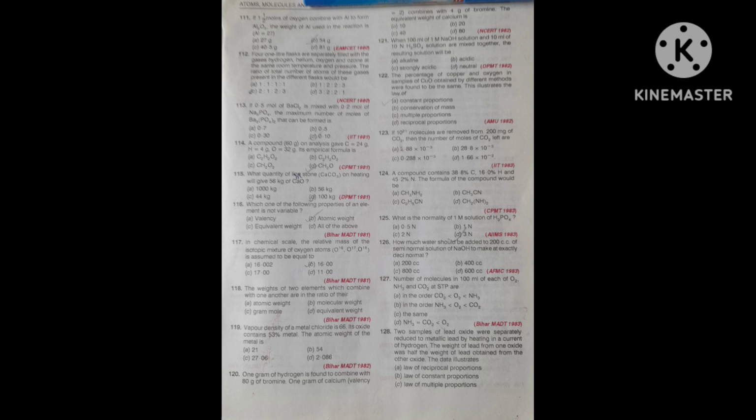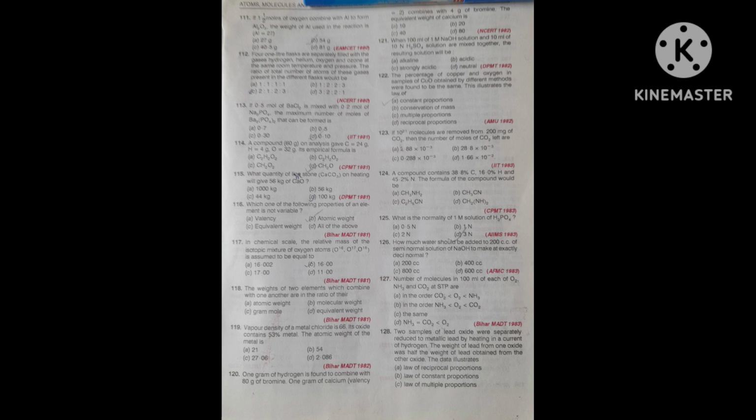Now tell me the correct answer. Its correct answer is A, constant proportion. Okay, it is based on the definition of the law of constant proportion. Direct question, direct answer. Question was the percentage of copper and oxygen in the samples of CuO.